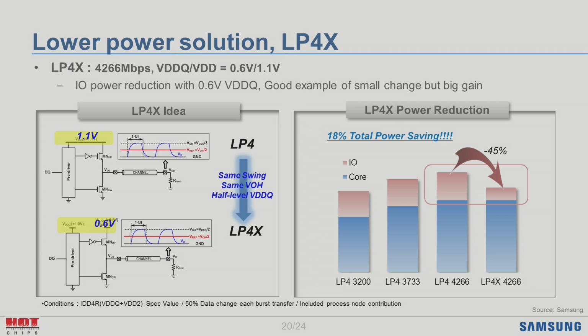In the picture on the right, although the core power is not reduced, we could manage to reduce the I/O power by 45%. Even with this kind of small change, we can provide power saving of around 20%. Nevertheless, LP4X has high-speed signaling of 4266 Mbps.